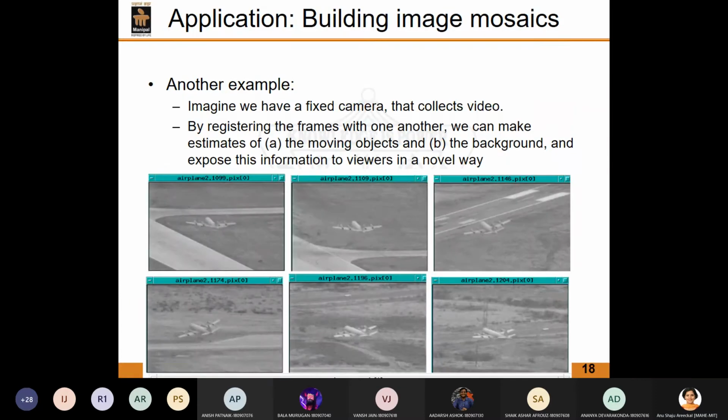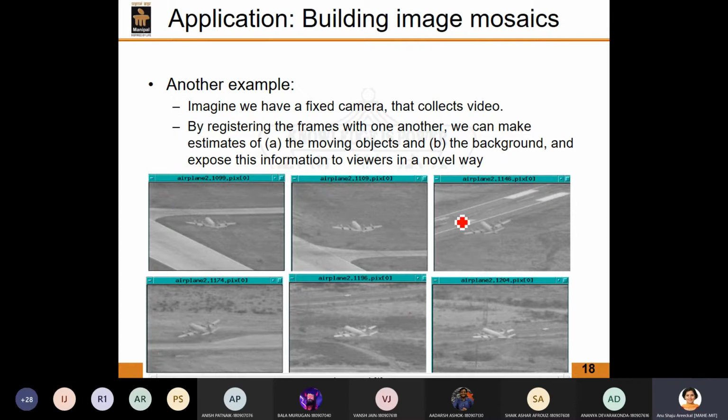Now another example is shown over here, right? So in this example, what we see is the plane is actually moving. So this is also for an airport, but in this case, the aeroplane that you see over here is actually moving, right?